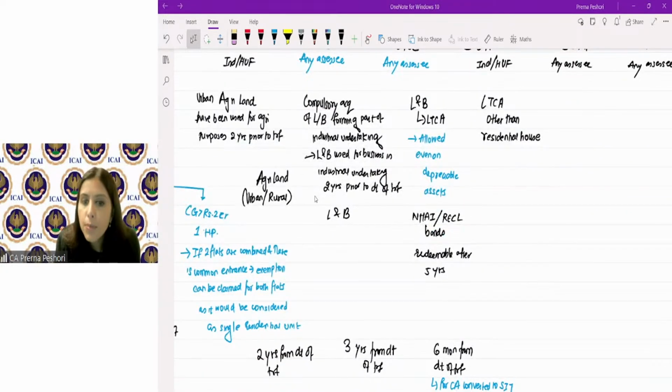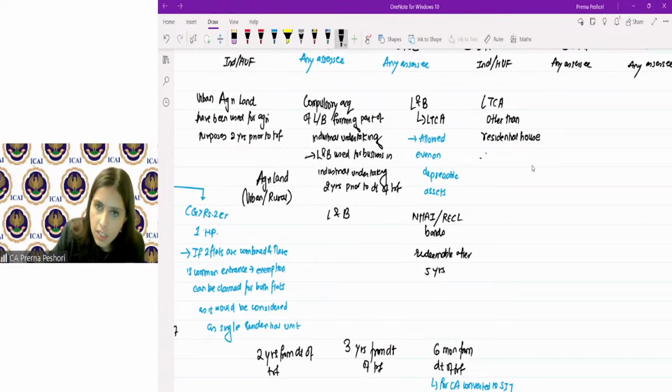So here you have to purchase one residential house in India. So you are selling something other than residential house, you can purchase one residential house.